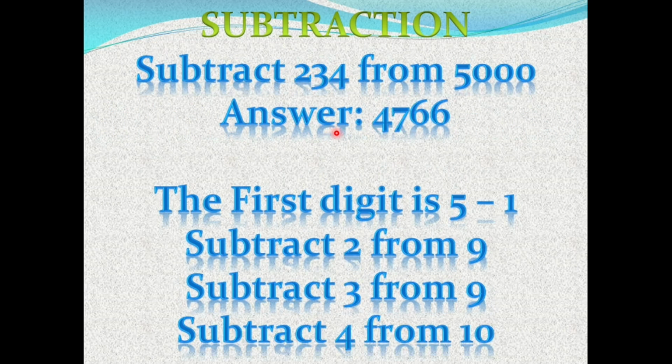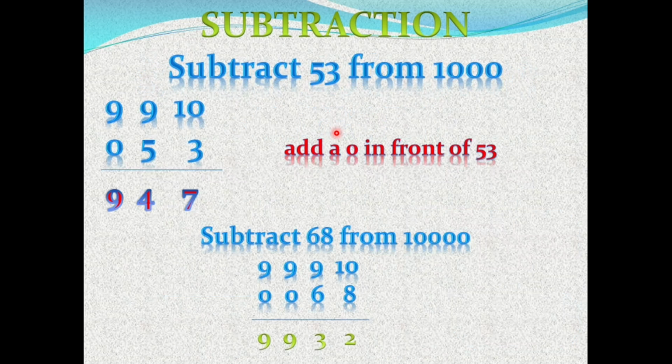Likewise, the count of digits of what I am subtracting is one less than the other. Now here I got 53, which is a 2 digit number, which I am trying to subtract from a 4 digit number.